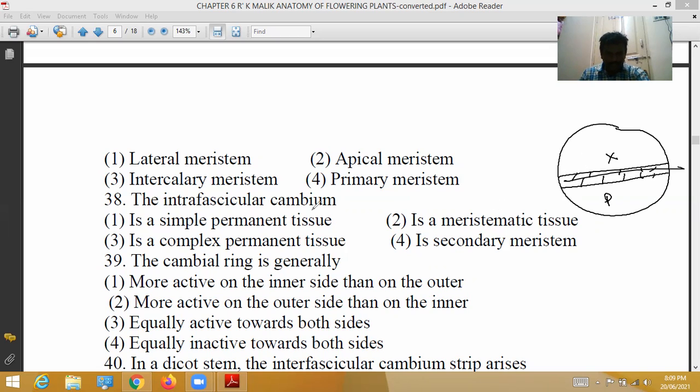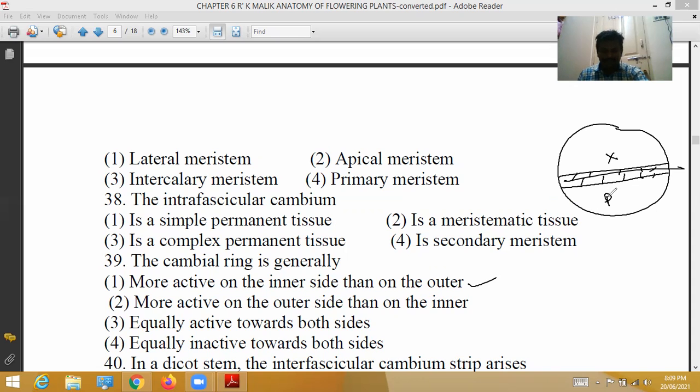So the cambial ring is generally more active on the inner side than on the outer side, more active on the outer side than the inner side, equally active towards both sides, or equally inactive towards both sides. Generally, the cambial ring is more active on the inner side than the outer side.